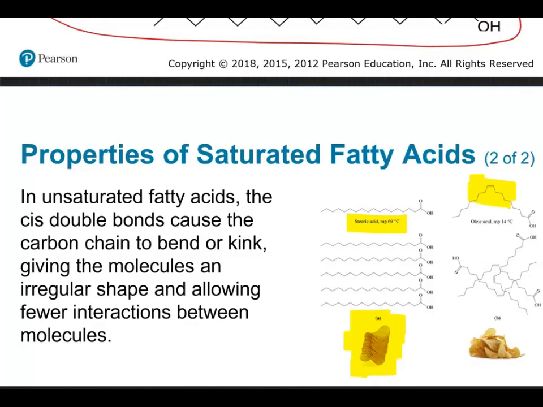So it means that these kinked, angled molecules of oleic acid cannot form dispersion forces of reliable strength, and therefore it's liquid at the room temperature. Pretty much those molecules cannot align, just like chips that you get out of the bag.